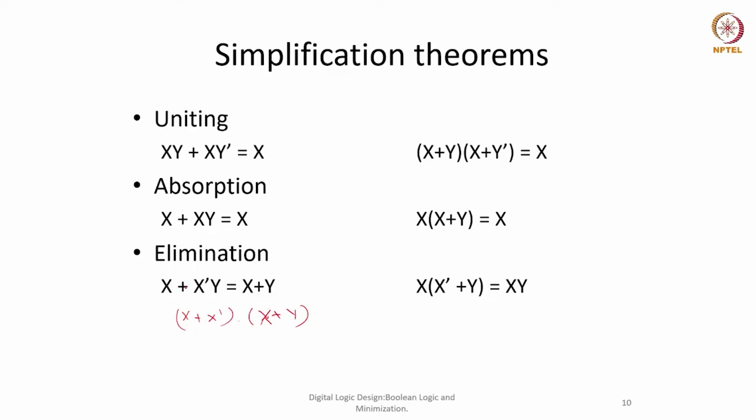Now because there is a plus here and there is a product, I can first do the OR with this, and then we'll do a product, and then this x and this y could be done using an OR operation. Now x plus x dash is 1, dot x plus y, equal to x plus y.